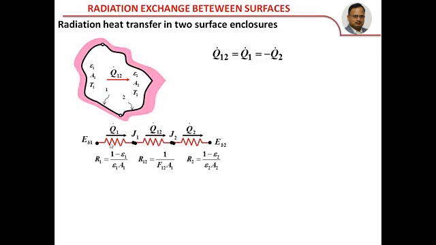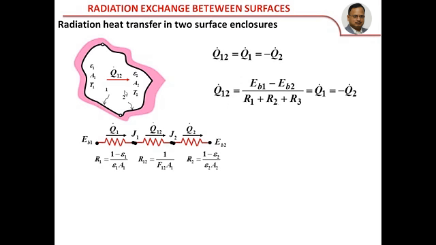So between 1 and 2, 3 resistances exist. One, the surface resistance (1 minus e1) by e1 A1; shape resistance 1 by A1 F12; and third, again surface resistance (1 minus e2) by e2 A2.